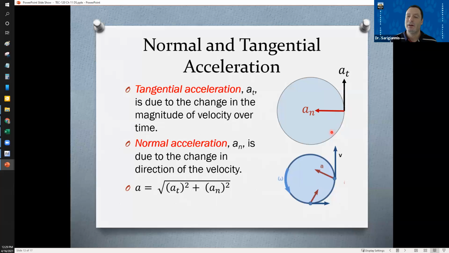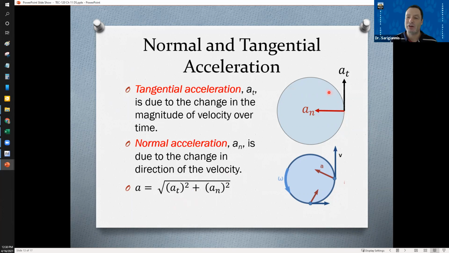And then it's got the normal acceleration, and this is due to the change in... these are backwards. Let's see. Tangential is change in magnitude, normal is change in direction.